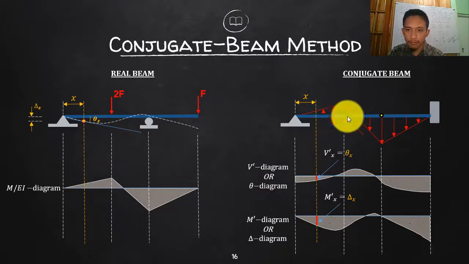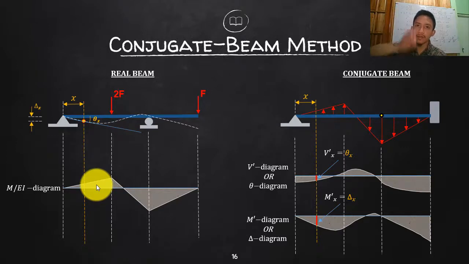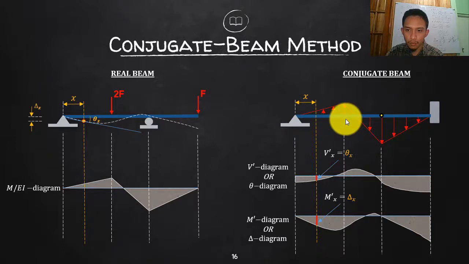If you consider this load to be going down, you will change your assumption of positive. The positive M diagram will be loaded downwards and the negative will be loaded upwards. This is the same shape and the same values, but it will be flipped. This will be on top, this will be below.